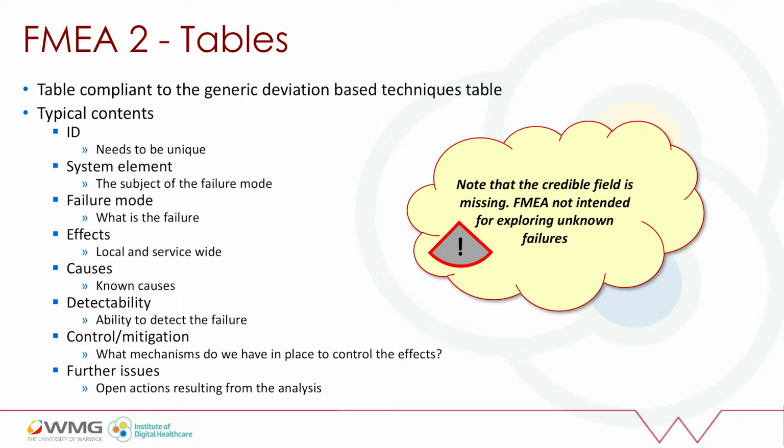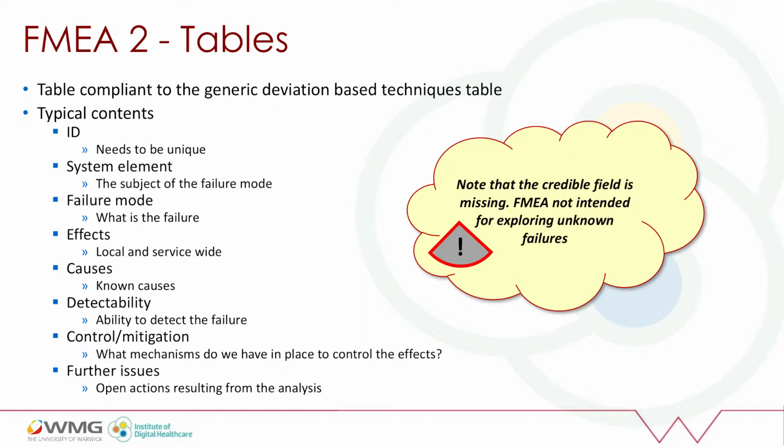The table used to capture the FMEA results is very similar to the table used in generic deviation-based analysis techniques. Typical contents include ID, the system element under analysis, the failure mode, the effects of the failure mode, known causes, the detectability of that failure mode, control or mitigation of the failure mode, and further issues.